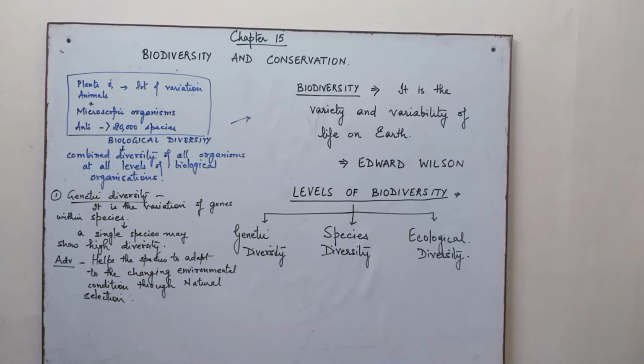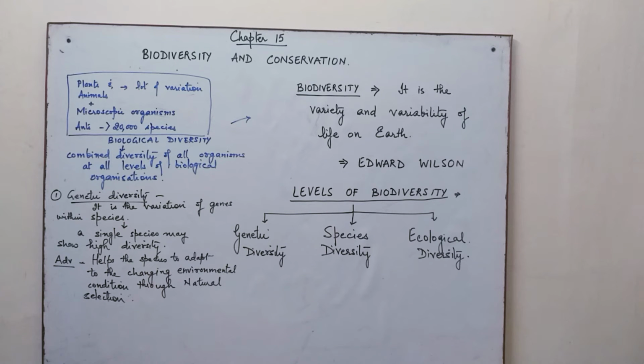A species which shows lesser genetic diversity leads to uniformity. That means it will not have much variation, but the ones which are more variable will have better chances of surviving.